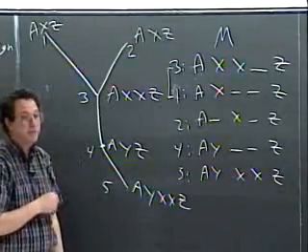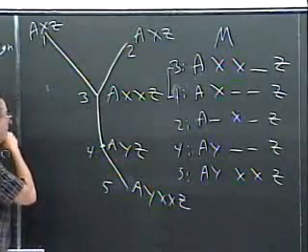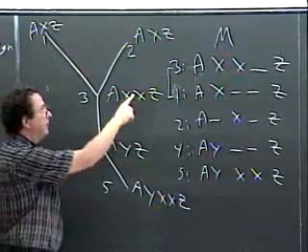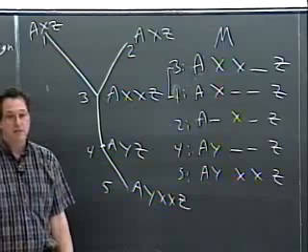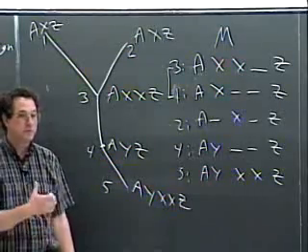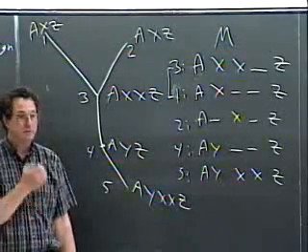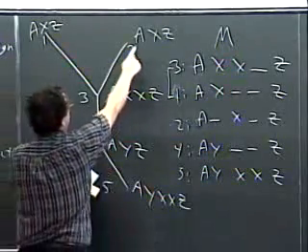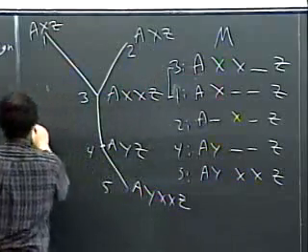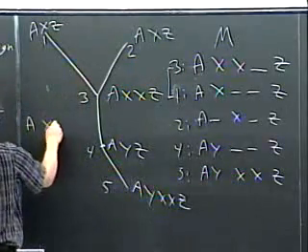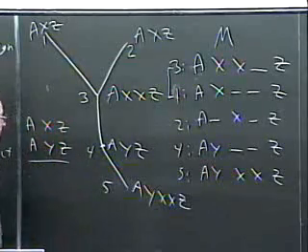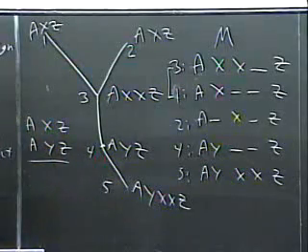But it's not true for every pair. Can anybody see a pair up here where the induced alignment from M is not as good as you would get if you're just looking at that pair by themselves? Which one? 2, 4. So 2, 4 is AXZ. If I was just looking at those alone, AXZ and AYZ, that's the best pairwise alignment you could get.